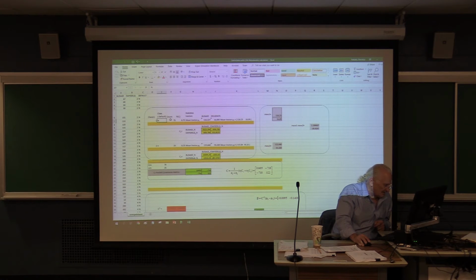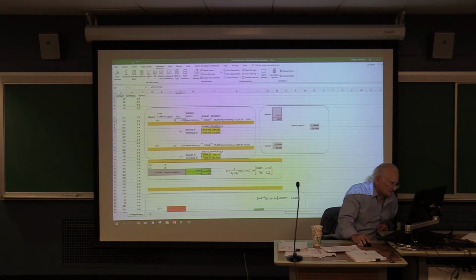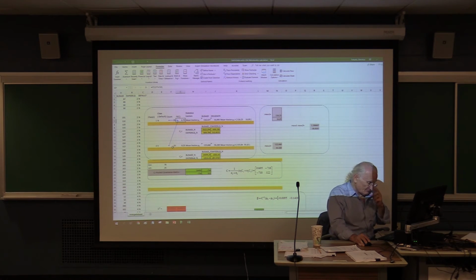So I count, this is count if C2 through C101, how many are nodes? So it's 75. Then I calculate the proportion, 75 out of the total, which is 100.